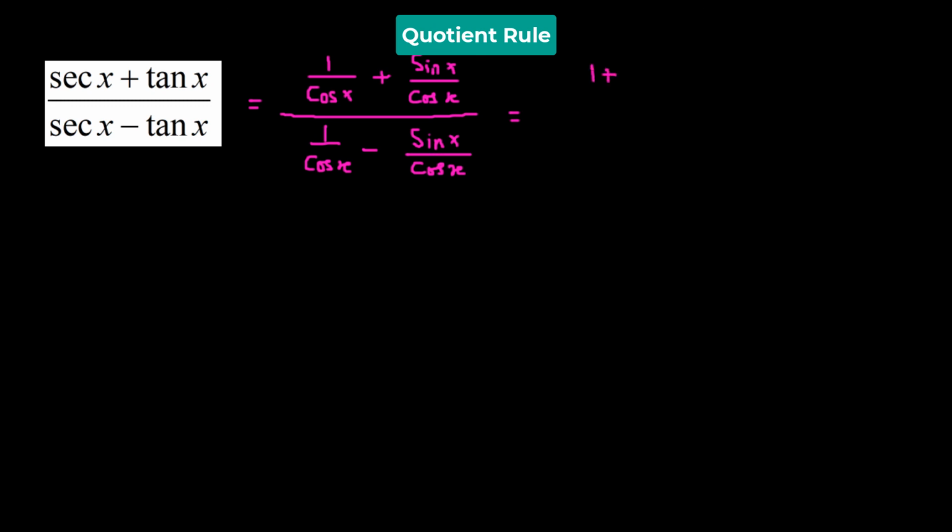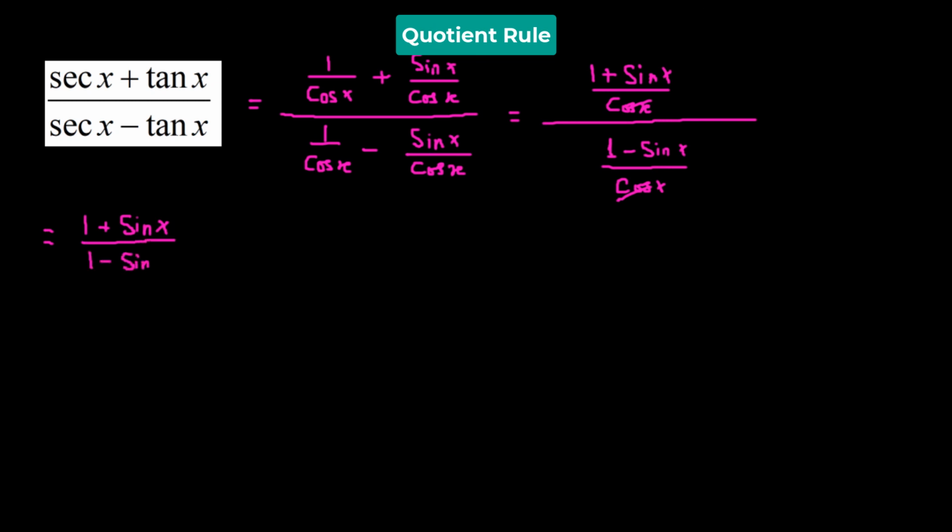So we'll have 1 plus sine x divided by cosine of x, whole divided by 1 minus sine x over cosine of x. We have a common denominator, cosine of x, so that gets cancelled out, leaving us with 1 plus sine of x over 1 minus sine of x. That means finding the derivative of the original function with respect to x is the same as finding the derivative of the simplified form, which is 1 plus sine x over 1 minus sine x.